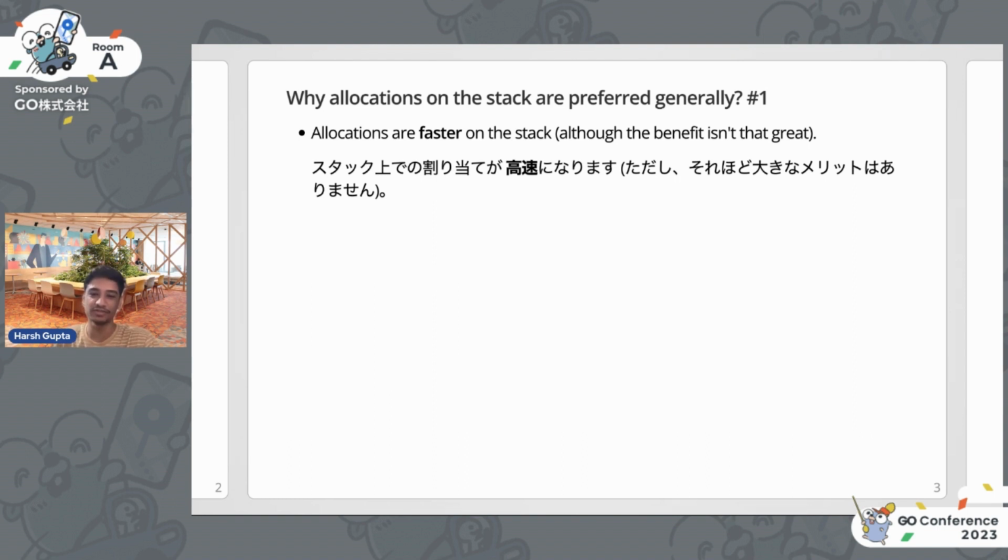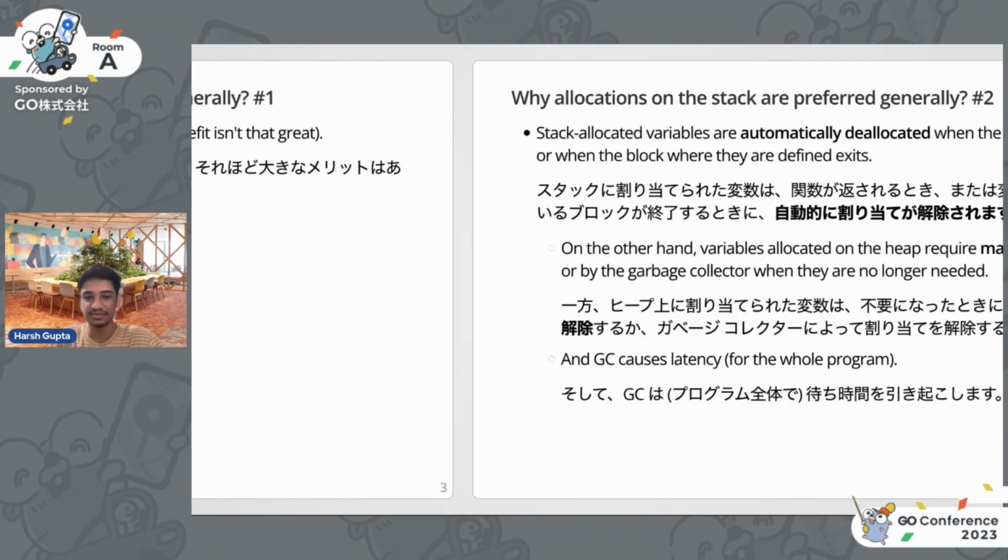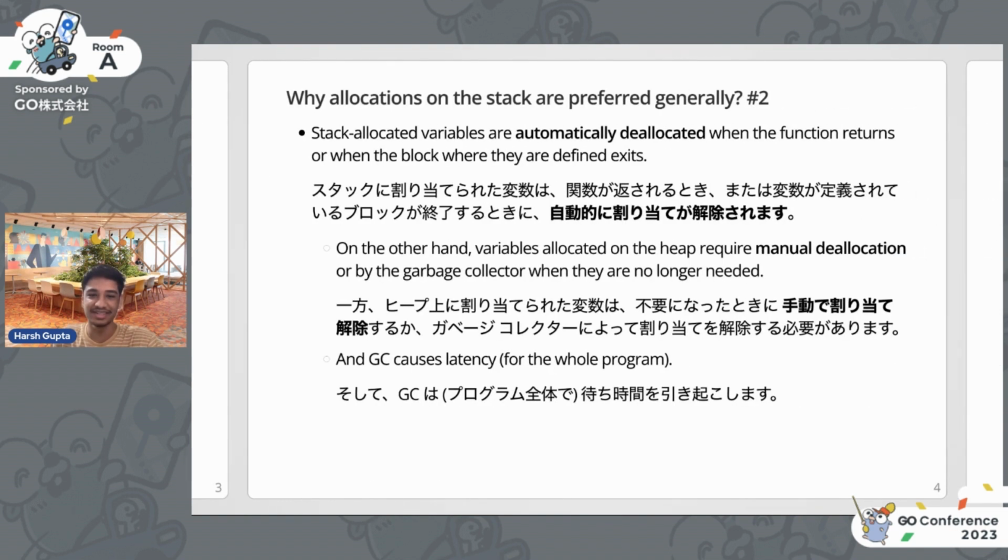So it's not much of a gain, but it still matters if you are doing a lot of allocations. Reason number two is that stack-allocated variables are automatically deallocated whenever the function returns, so you don't need to care about that manually. You just don't worry about the allocations that you do on the stack.